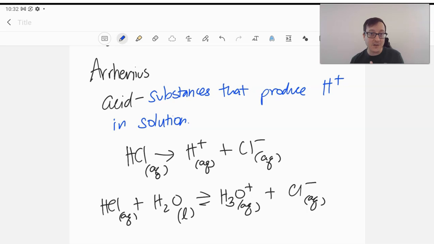Generally speaking, the predominant form of hydrogen is the isotope that has no neutrons. So H plus is essentially a proton. We don't see subatomic particles just floating around by themselves. Not something we typically see. Just like we don't really see electrons by themselves either. They're just going to other things.